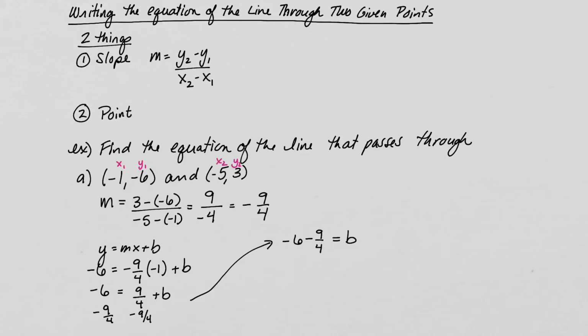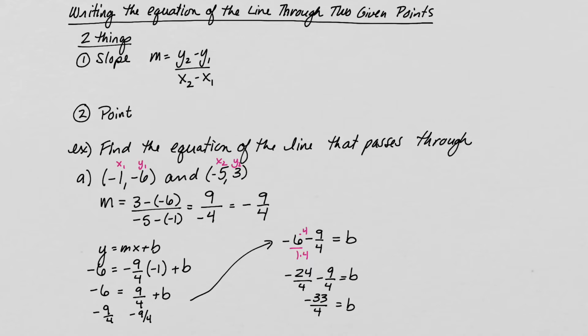I would personally just stick this in my calculator, but if you were going to do it by hand, you have to make a common denominator. So you can think of the 6 as 6/1, and then I'm going to multiply the top and the bottom by 4. So this is going to be -24/4 minus 9/4 to get b. And so b in this case is going to be -33/4.